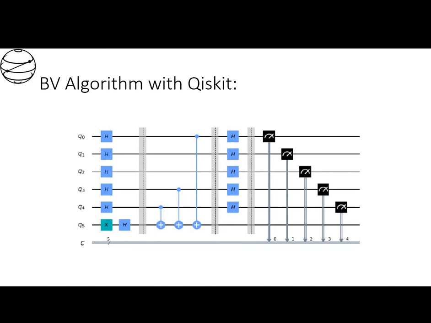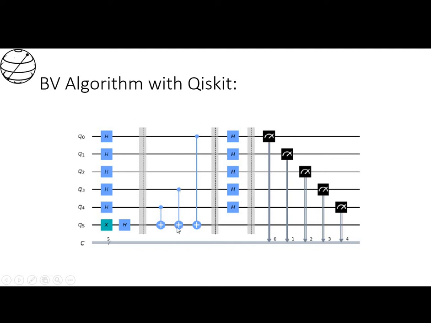So if I encode, or hide, a bit string, say 11001, by using the Bernstein-Vazirani algorithm we can figure out that this oracle, which contains f(x) = u·x, shows that the first qubit, that means qubit 4, is CNOTed with qubit 5, and this is 1.